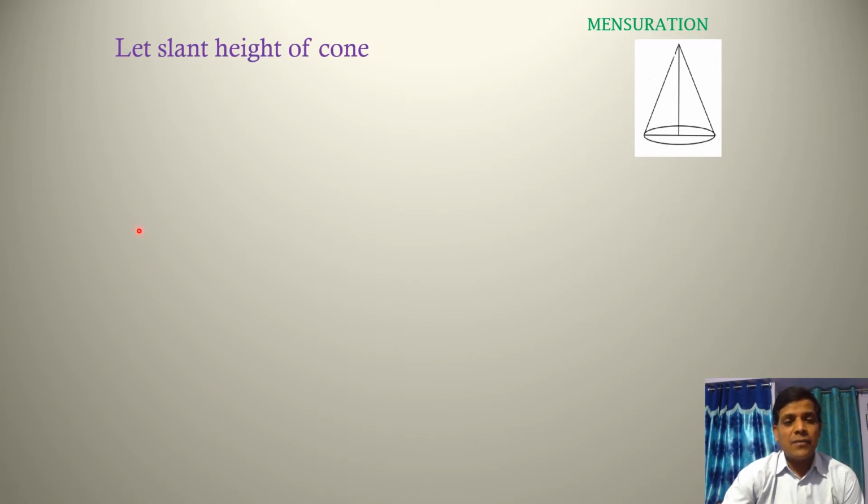Next step, slant height. First of all, I have to find the slant height of the cone. Slant height l is equal to square root of r square plus h square.